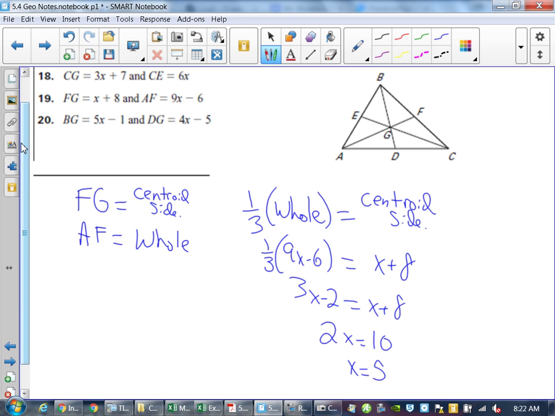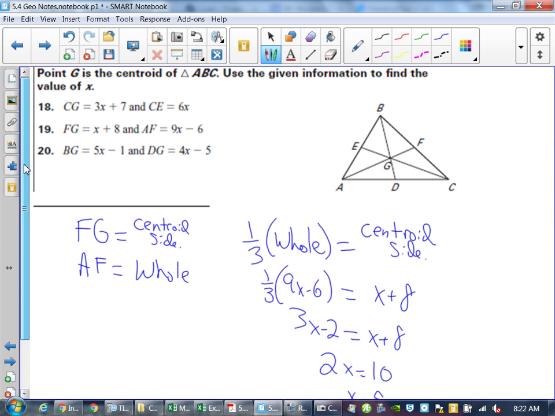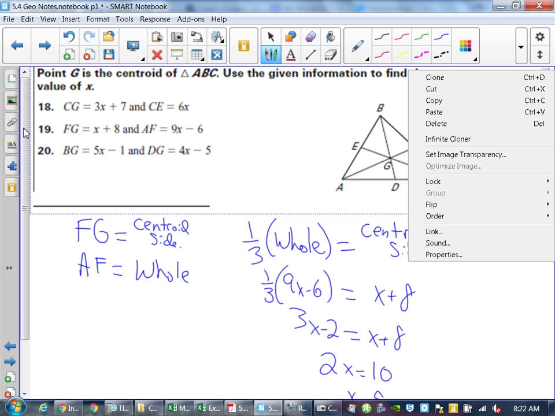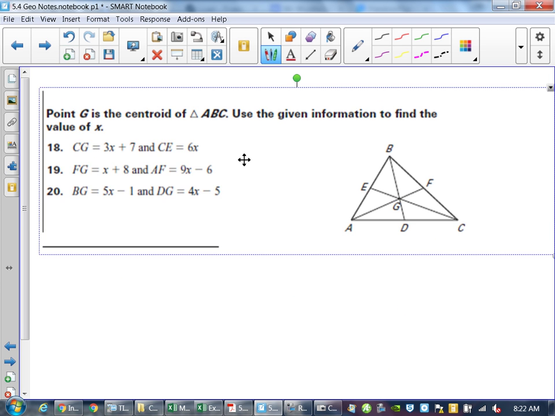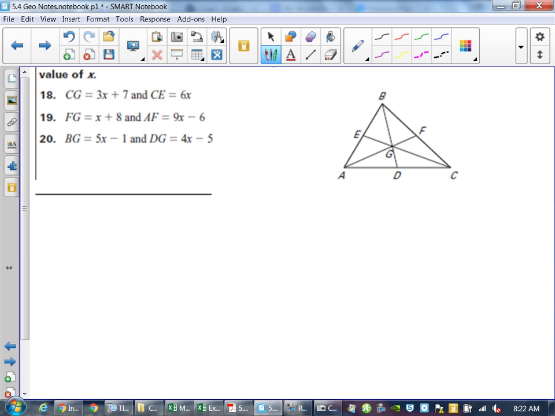Let's think about the last one then. The last one talks about BG and DG. Can I put this on a clean one for the last one? Are you guys all caught up on that? I don't want to go too fast. So BG is vertex to centroid, and DG is centroid to side.